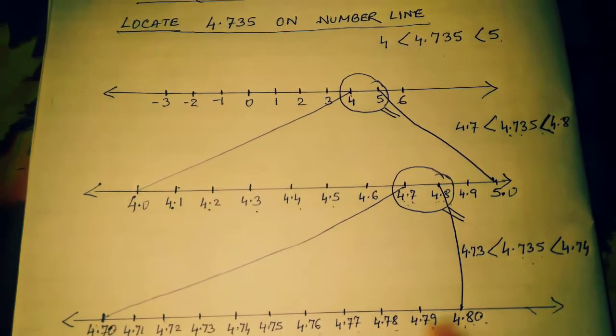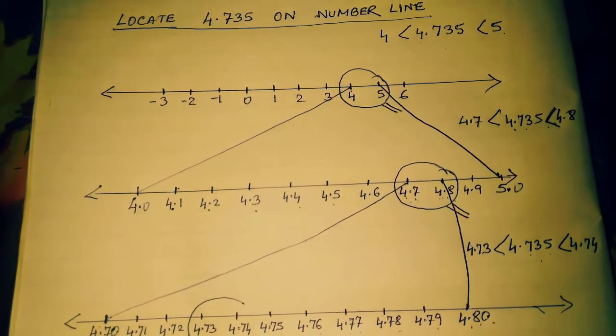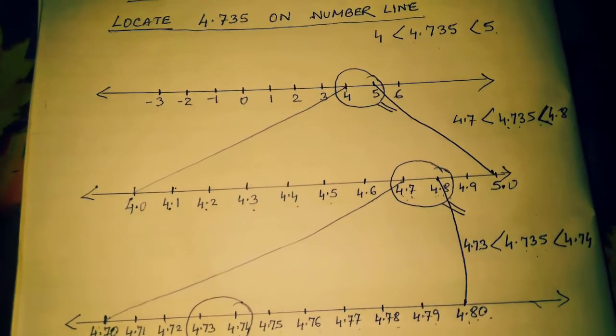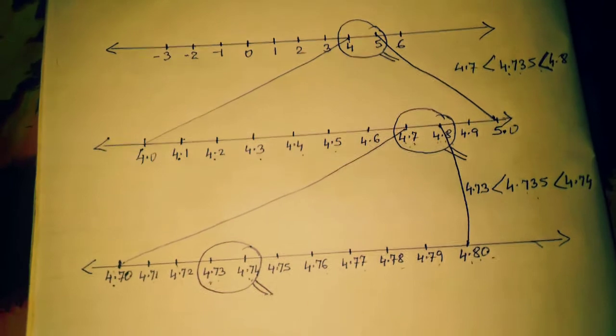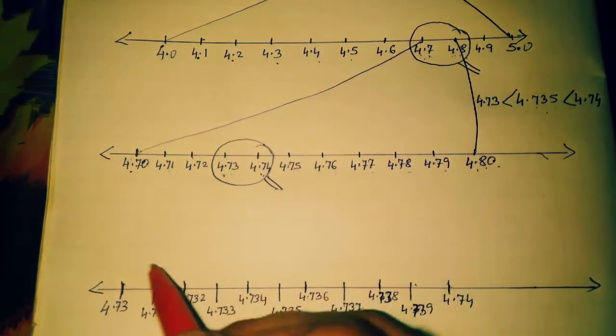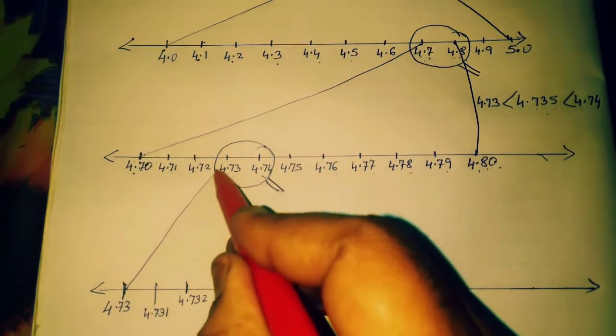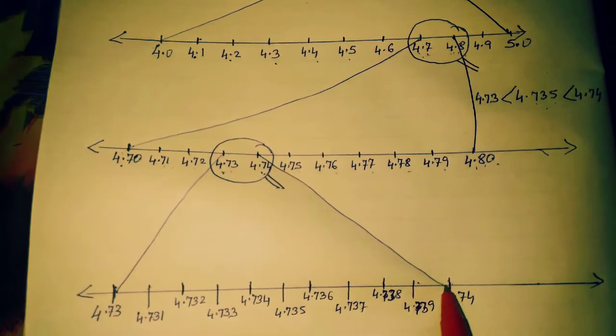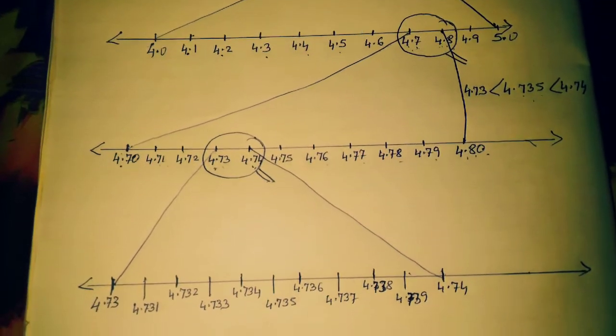So again draw a magnifying glass over here. If you place the magnifying glass over here, between 4.73 and 4.74, again 10 divisions are coming between 4.73 and 4.74. Clear, student?